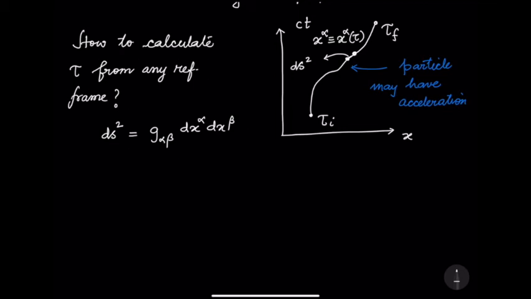You also remember that in the reference frame of the particle, this is essentially c square d tau square. Which means c d tau, let me write it with the c for ease, is the square root of g alpha beta dx alpha dx beta.